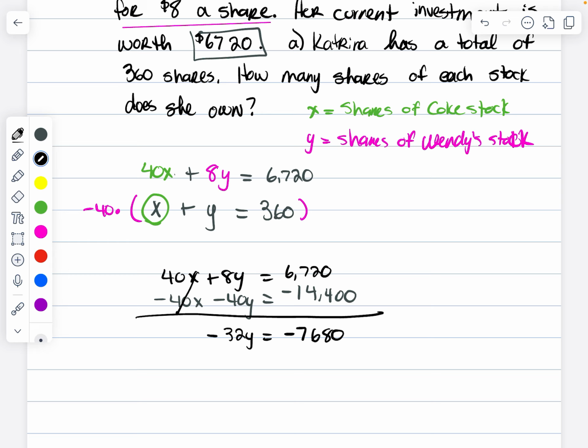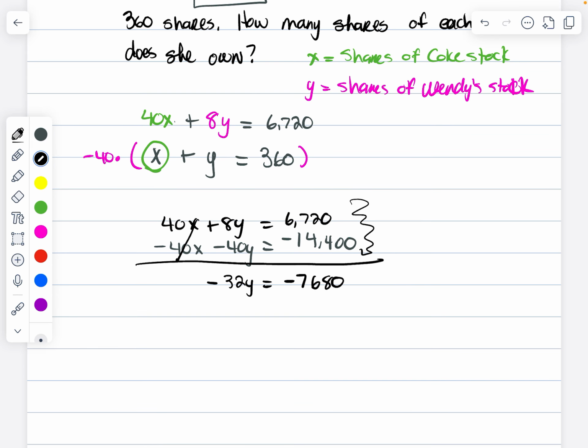The only reason for this step is to show the work for what we're doing. So what we actually have is our top equation, which is 40x plus 8y equals 6,720, and then negative 32y equals negative 7,680.